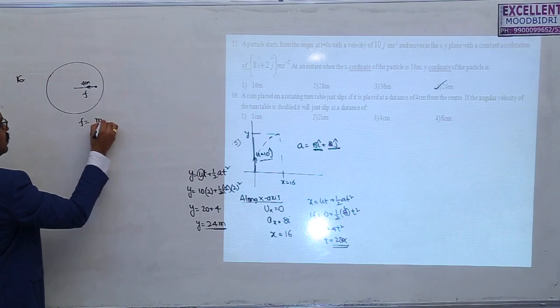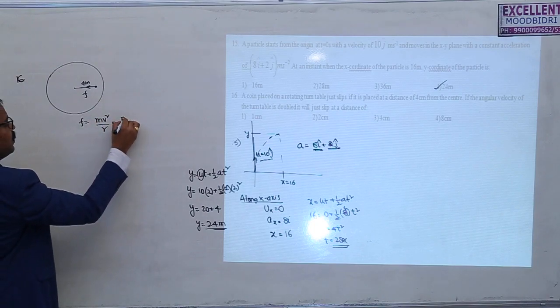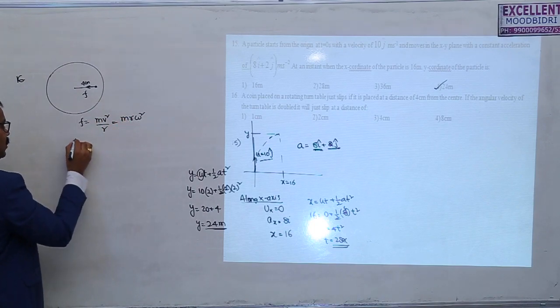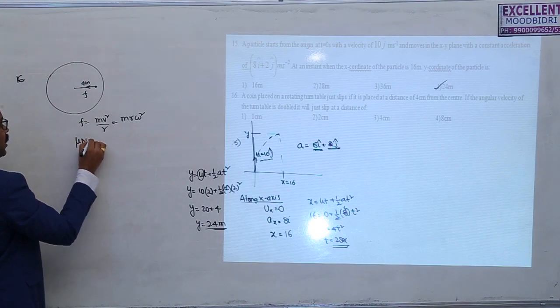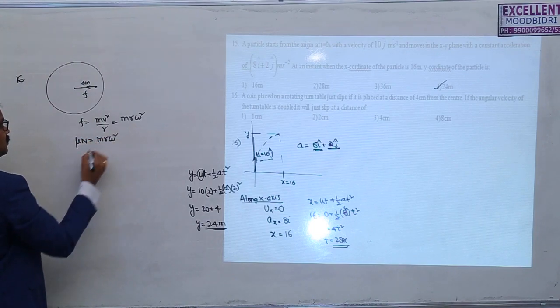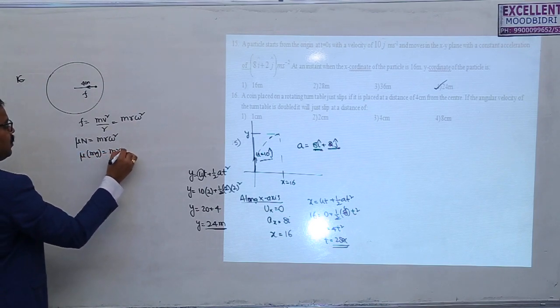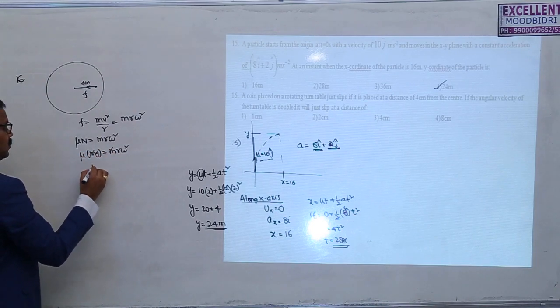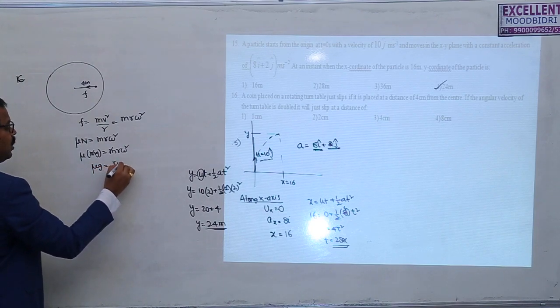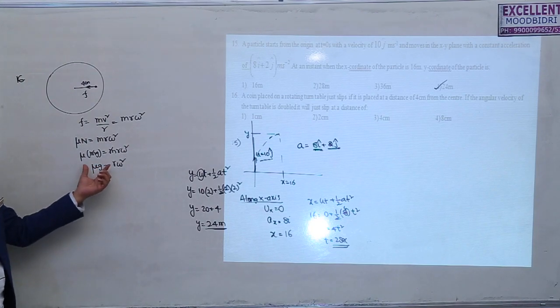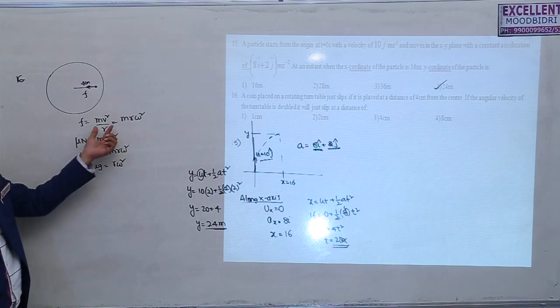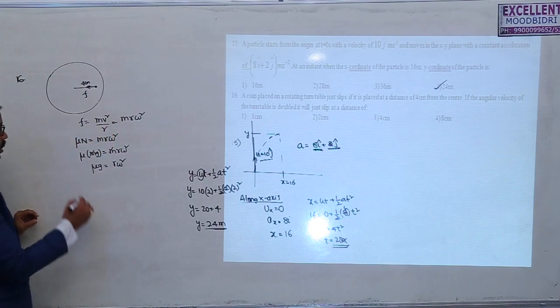So F is equal to centripetal force, mv square by r or mr omega square. The internal force is mu N, which is equal to mr omega square. So we can write mu into mg is equal to mr omega square. m gets cancelled. So mu g is equal to r omega square.